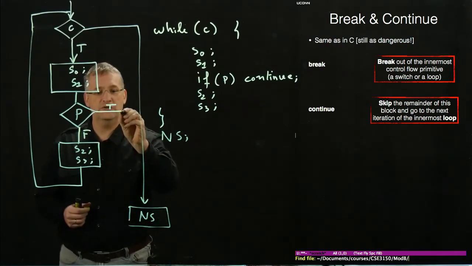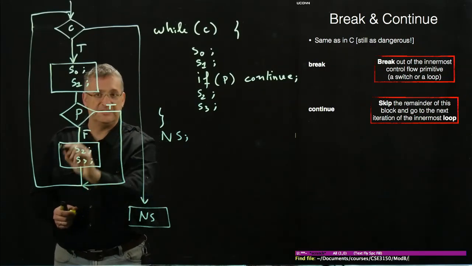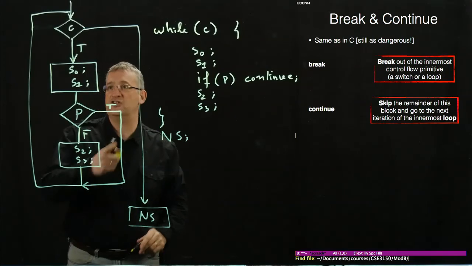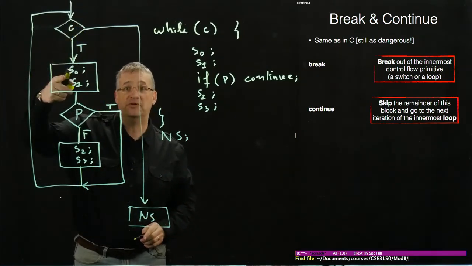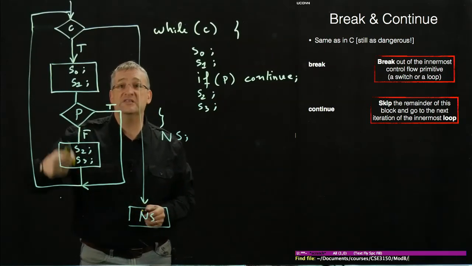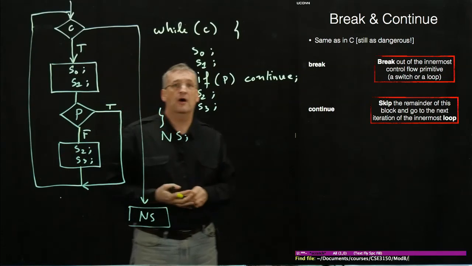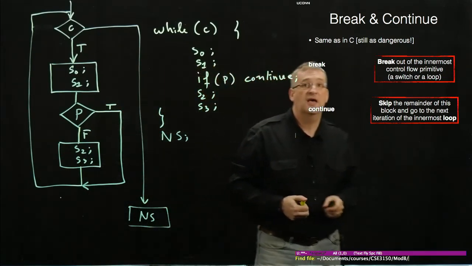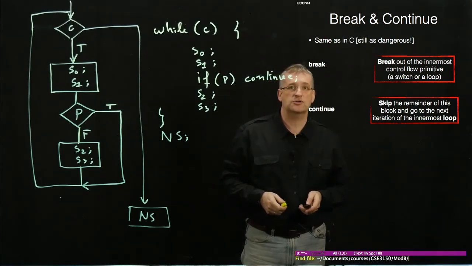So the continue here basically sends me there. I skip the rest of my iteration, but I go back up. I decide whether I should iterate again and potentially do another iteration. So it skips the end of the current iteration. That's the whole point of the continue in this case. And that's all there is to it, really. It's a quite straightforward construction to work with.